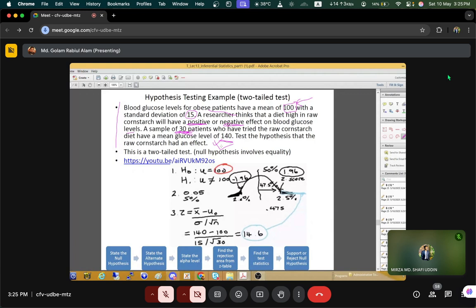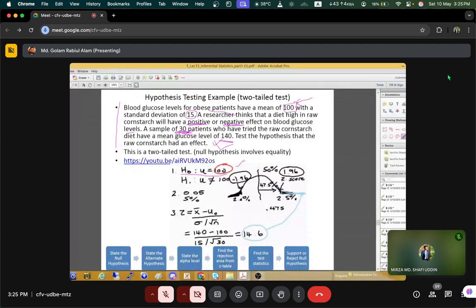For that case, at first we have to determine the null hypothesis. The null hypothesis is that the blood glucose level for obese patients has a mean of 100, so H0: mu is 100. The mean is a parameter, so we can apply a parametric test.